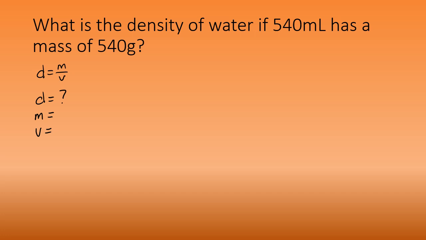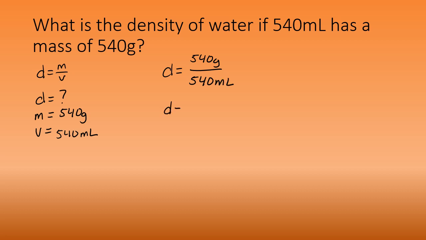The mass that we're given from the problem is 540 grams. The volume, even if it doesn't expressly say so, I know that milliliters is a volume measurement, so my volume given in the problem is 540 milliliters. If I rewrite everything, the density is equal to the mass, 540 grams, divided by the volume, 540 milliliters.